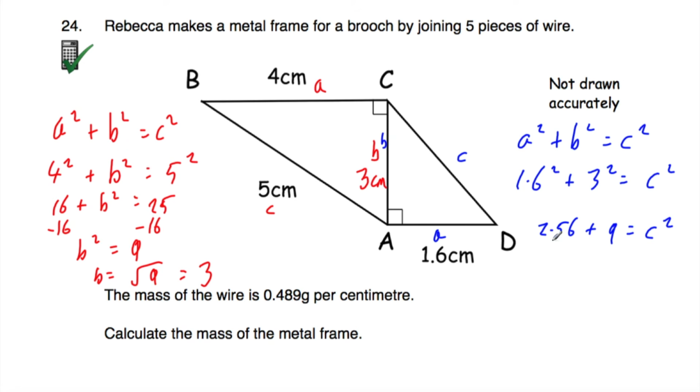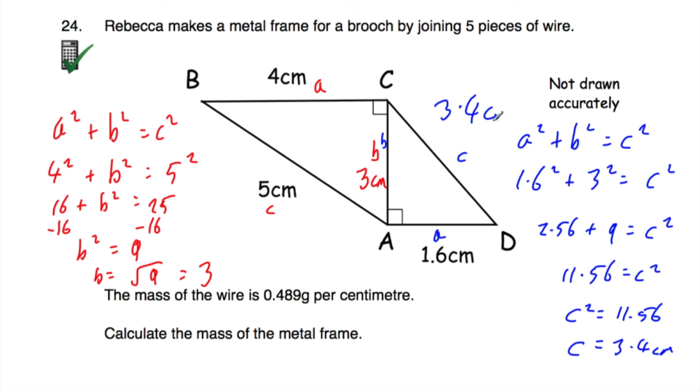If we add our 2.56 to 9, it's going to be 11.56, and that's equal to C squared. And just turning those around, we get C squared is equal to 11.56. And the square root of 11.56 is equal to 3.4. So C is equal to 3.4 centimetres. So that means the distance from C to D is 3.4 centimetres.